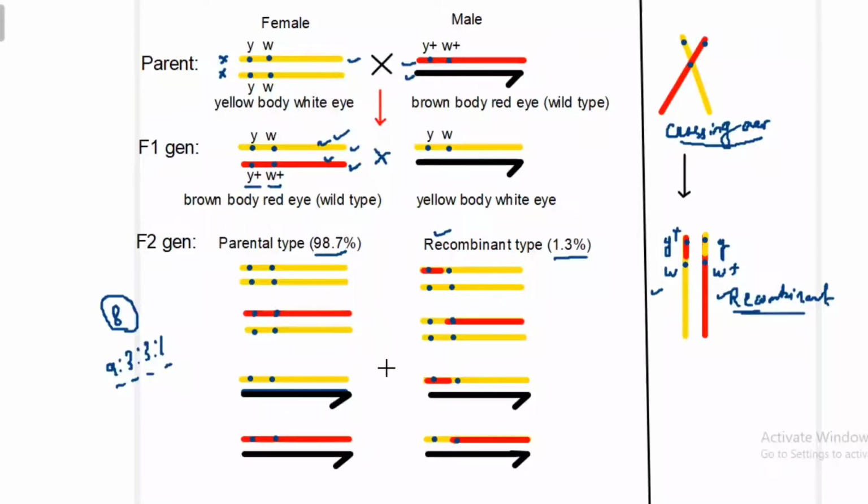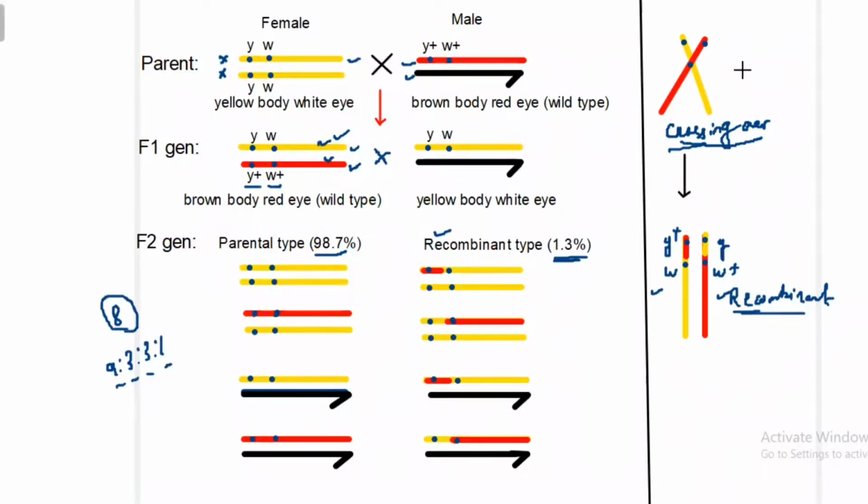From this he could find that because the recombinants are really few and the parental combination is more, so he concluded that the genes responsible for body color and eye color are closely associated. Because they are closely associated, it is difficult for the crossing over to make recombination.